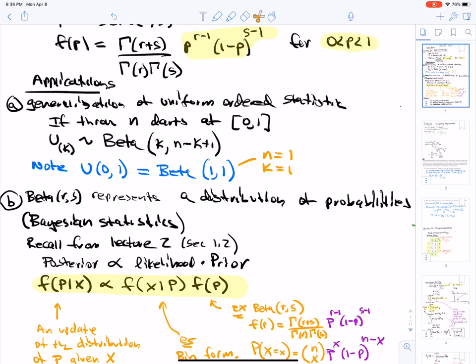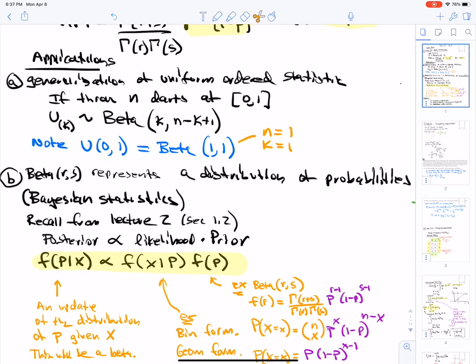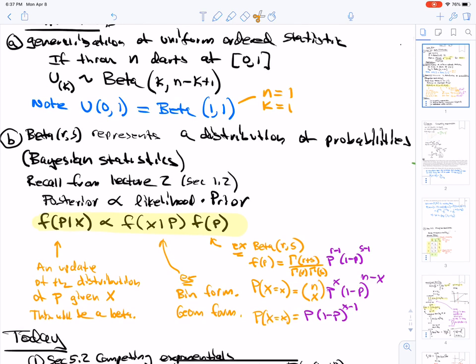If we let the prior be a beta, so that would have a variable part p to the r minus 1, 1 minus p to the s minus 1, and the likelihood be either binomial or geometric, with the variable part also in purple, then when you multiply the likelihood and the prior, you'll also get a beta, because the variable part of that product will still be a power of p times a power of 1 minus p.